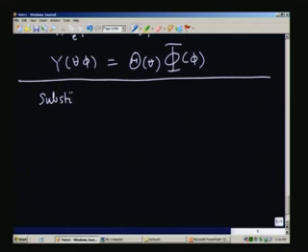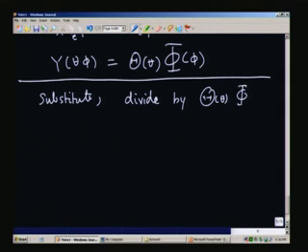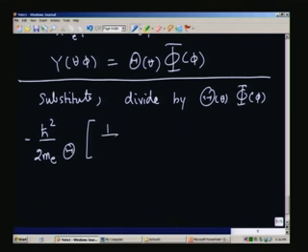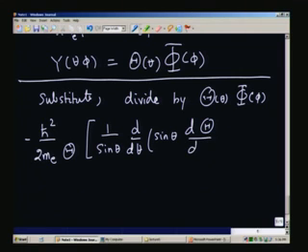Substitute, divide by theta of theta and phi of phi. Okay. Let us do that. So what you get is minus h bar square by 2me. You will get a theta in the denominator, and within brackets you will get 1 by sin theta d by d theta sin theta d theta only by d theta.